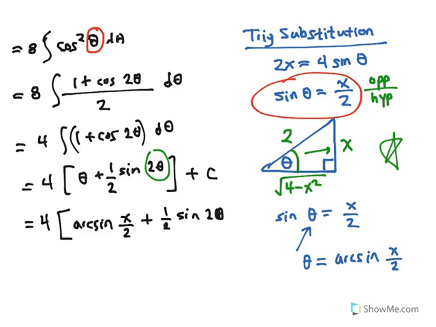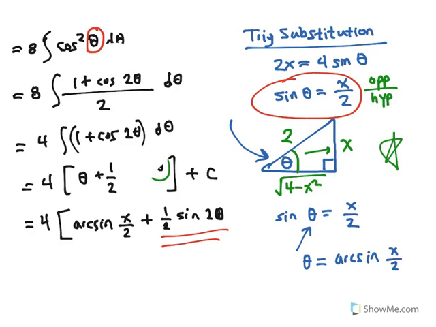So this is still something that I need to deal with because I want everything to be in terms of x. Right now, I have 1/2 times sine of 2 theta. So how will I deal with that? First of all, to use our triangle that we have here from our trig substitution, I need to have an angle of 1 theta. Right now, I have an angle of 2 theta.